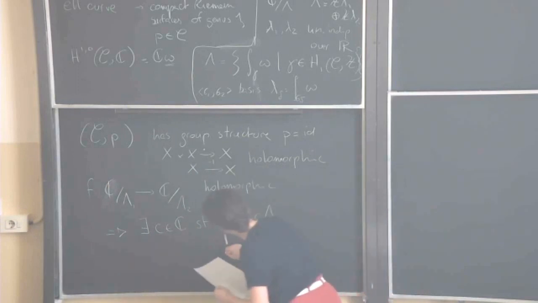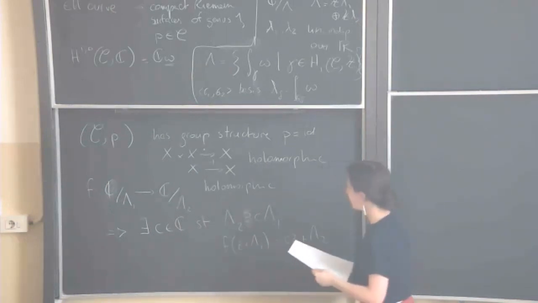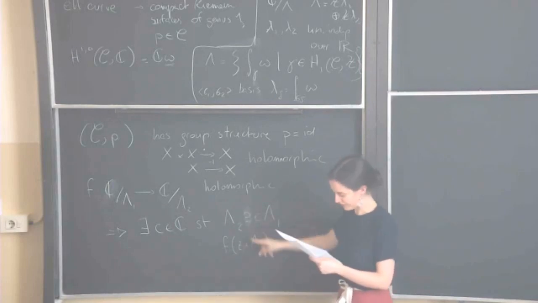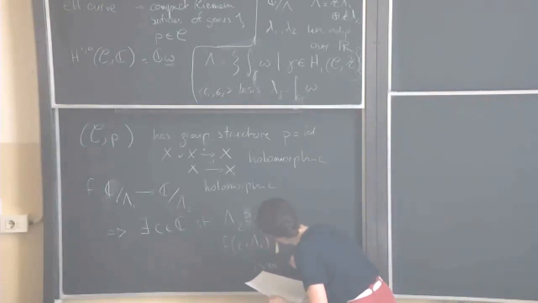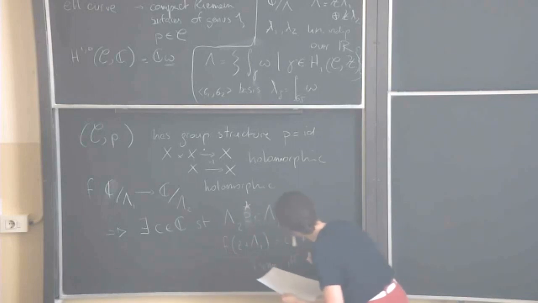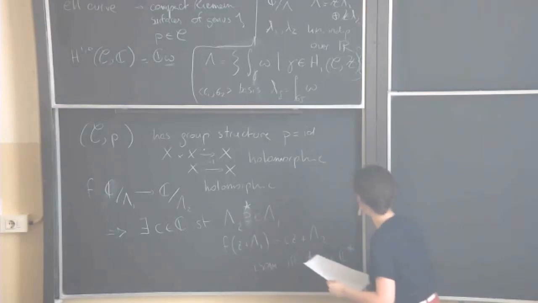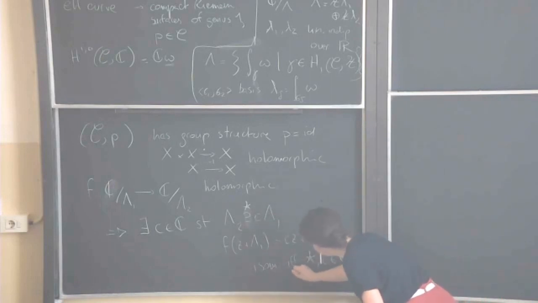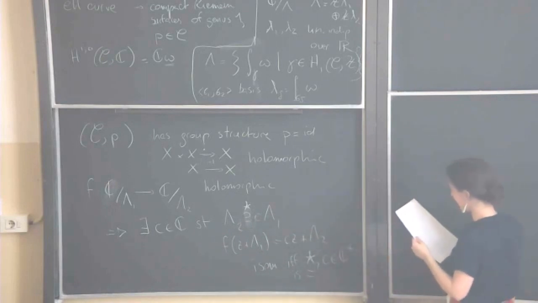And f of z plus Λ1 is cz plus Λ2. And we have isomorphisms when we have an equality here, and of course c is invertible.